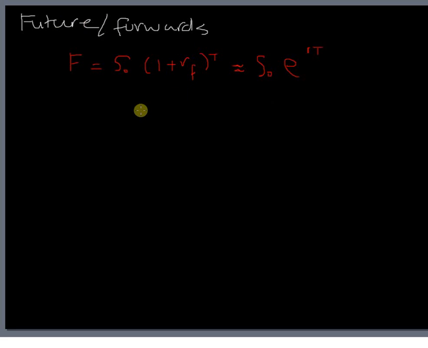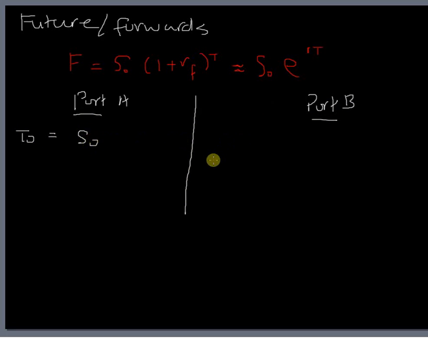Let's imagine that we have two portfolios, portfolio A and portfolio B. Under portfolio A, simply invest in the stock now. So at T equals 0, you buy the stock at today's price, S0.